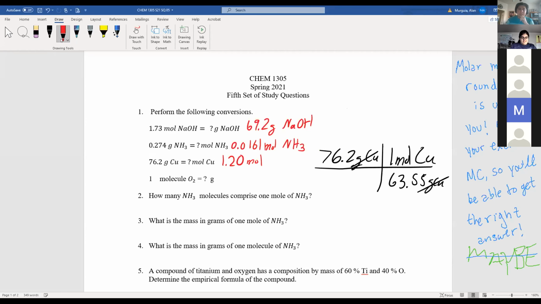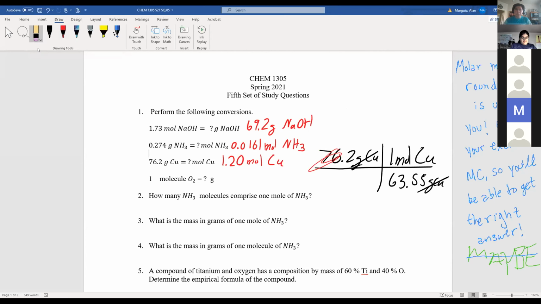And why are we being specific of 1.20? Because of the 3 significant figures? Exactly, perfect. Since the number we're given has 3 sig figs, our final answer must have 3 sig figs. So that's exactly correct.